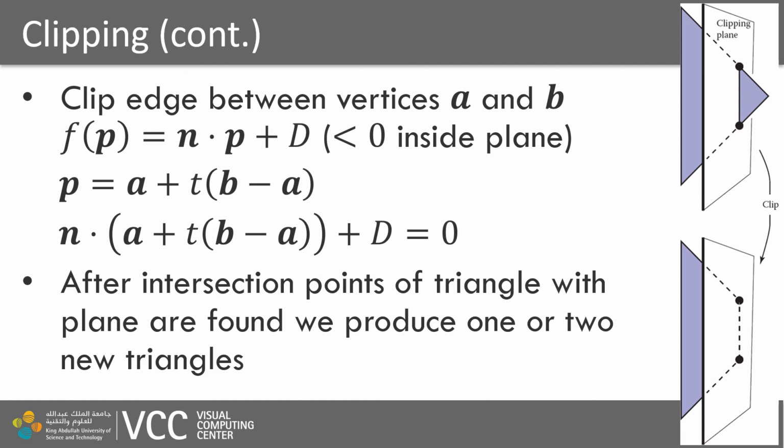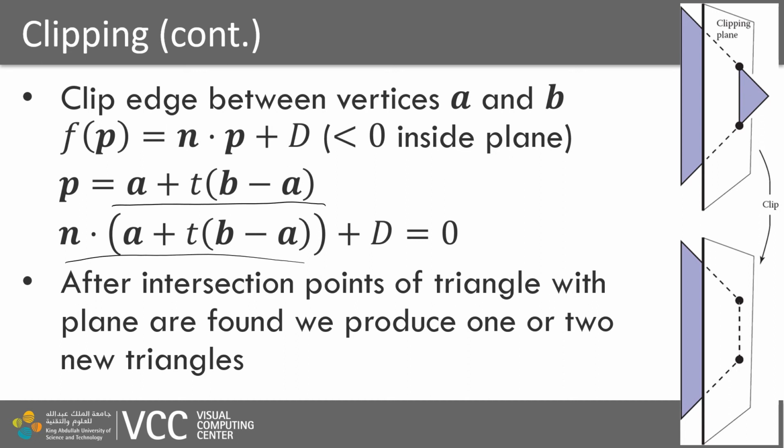So, we have our parametric description of our line, and we simply put it into our implicit description of the plane, and by that we calculate the parameter t.